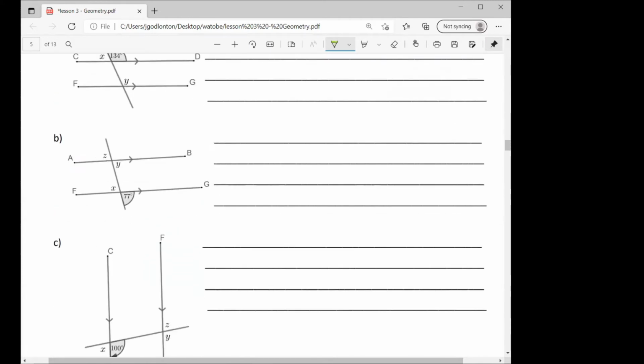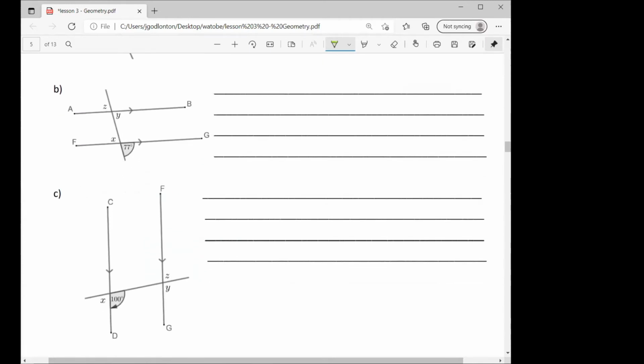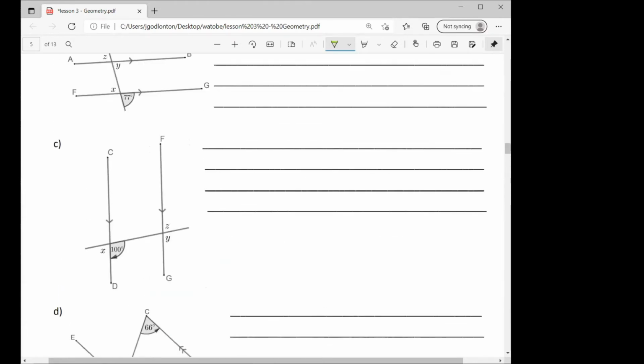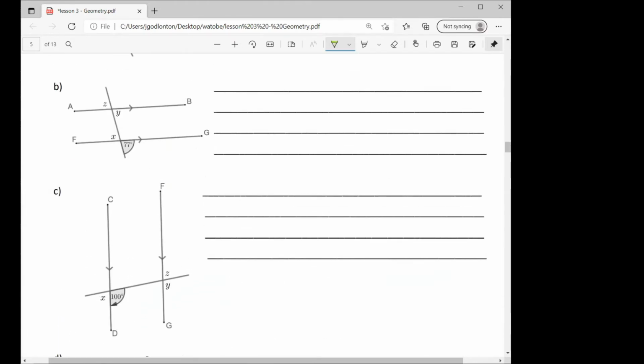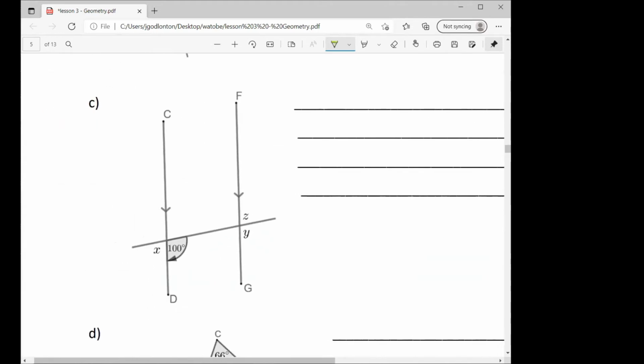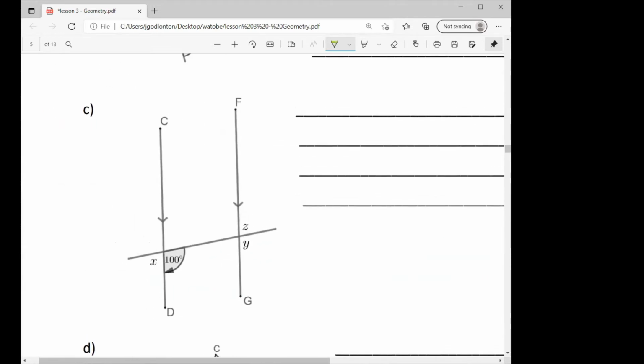Let's try and find a tricky one, and then I'll go on to our next reason. Okay, how about, yeah, let's try this one. Can you try C for me? Okay, so for C, I'm looking for x, y, and z.